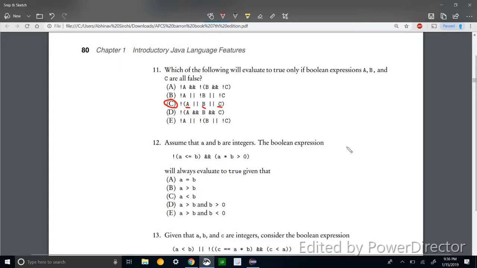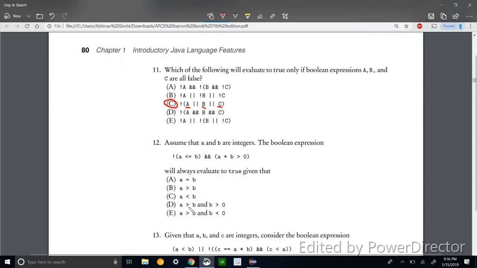Number 12. Assume that A and B are integers. The Boolean expression not A is less than or equal to B, and A times B is greater than 0, will always evaluate true given that. So in order for this entire expression to be true, both sides have to be true.